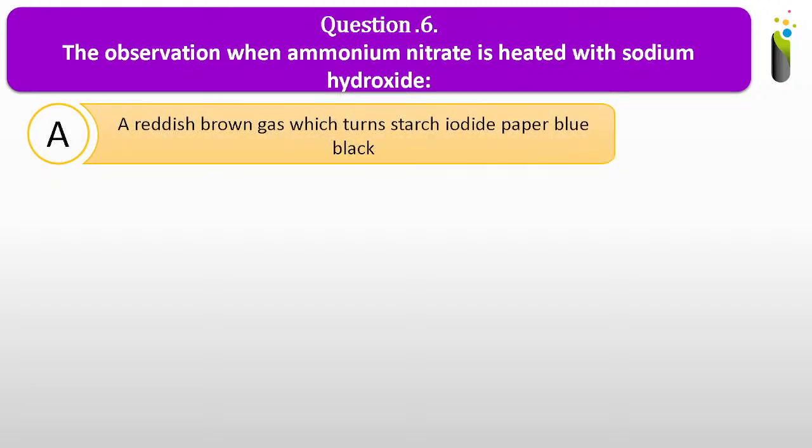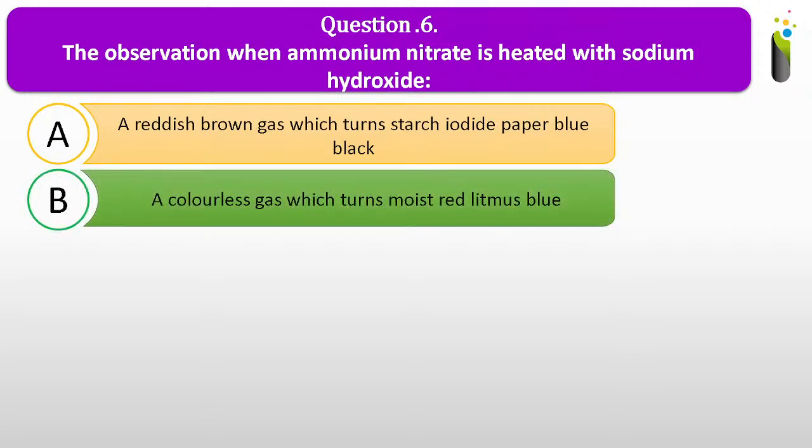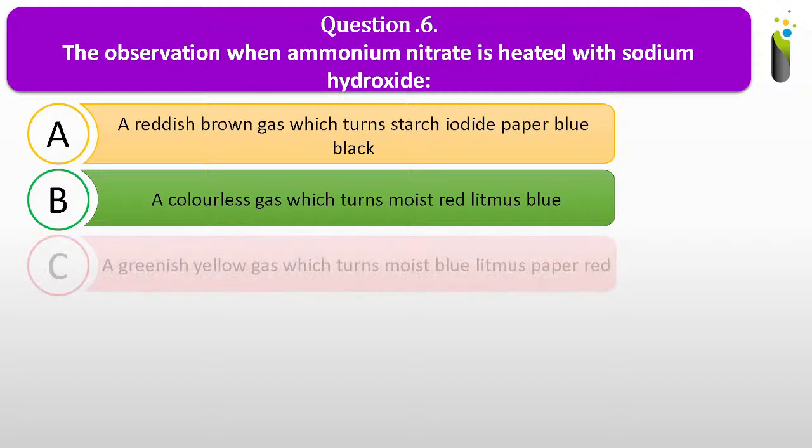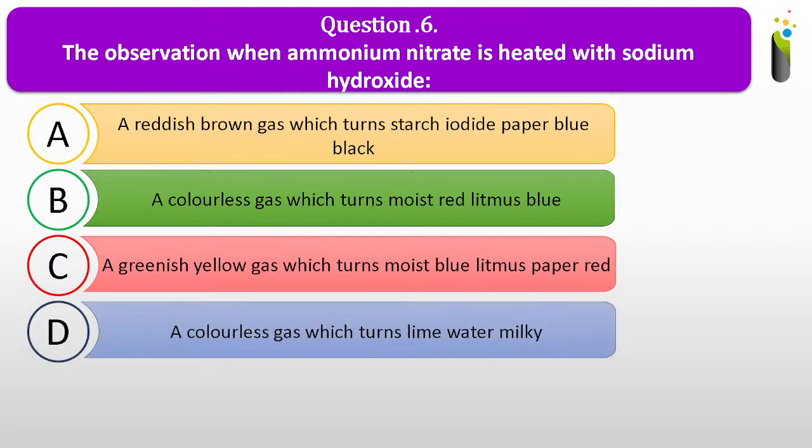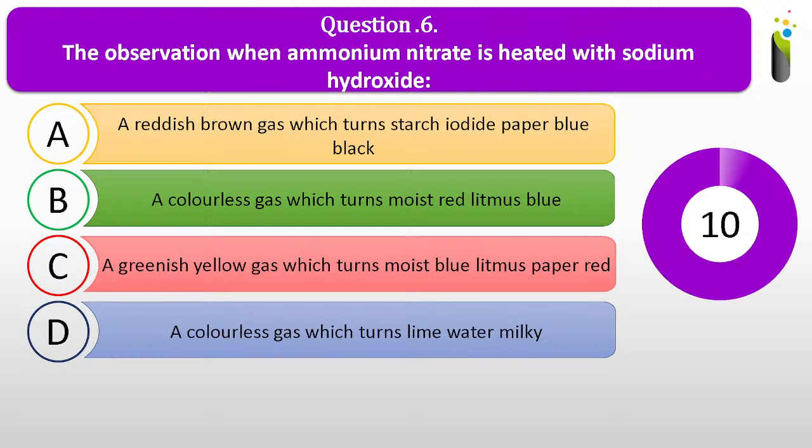A. A reddish brown gas which turns starch iodide paper blue black. B. A colorless gas which turns moist red litmus blue. C. A greenish yellow gas which turns moist blue litmus paper red. D. A colorless gas which turns lime water milky. So what should be our answer for question number 6?